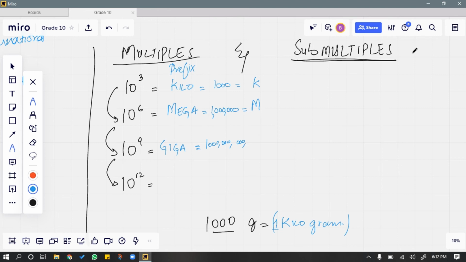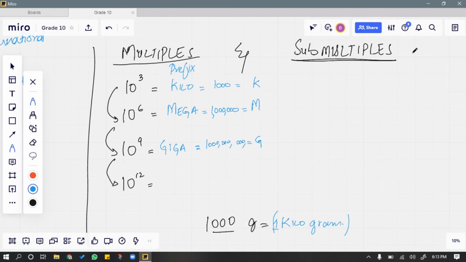So instead of elaborating the whole quantity, you can mention it with the help of a symbol, which is only G. That is a prefix.